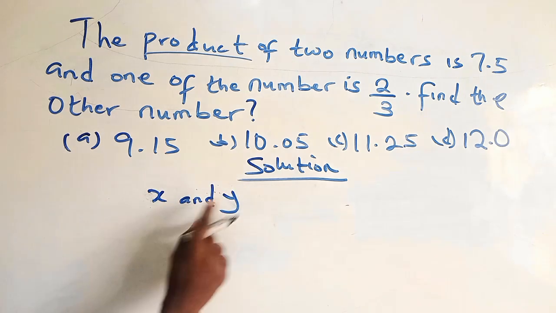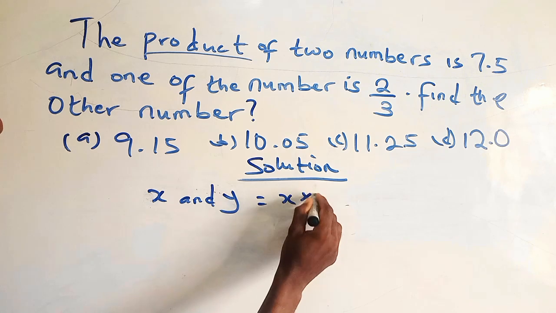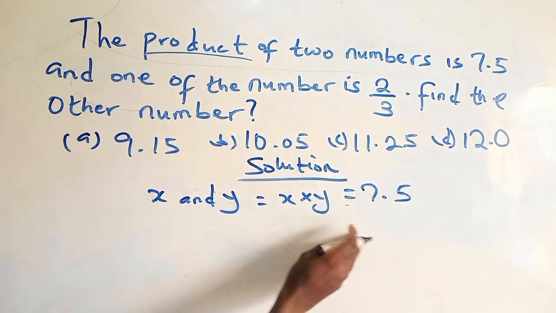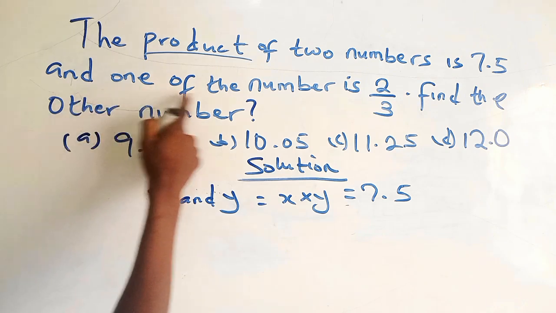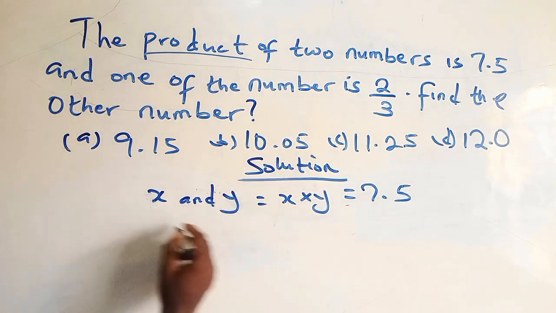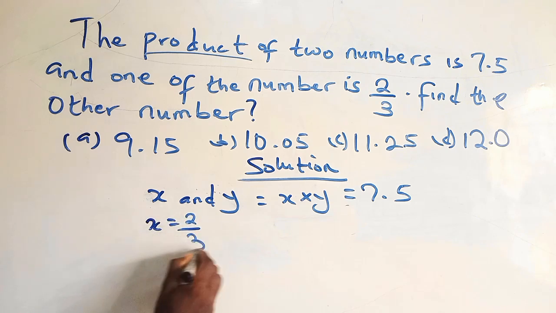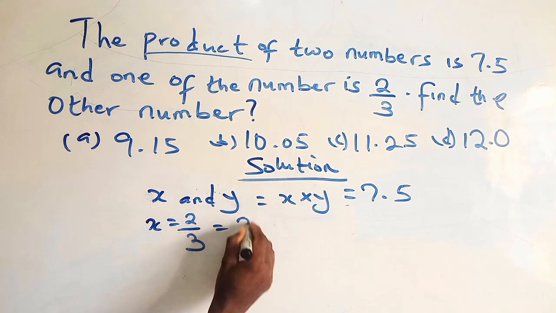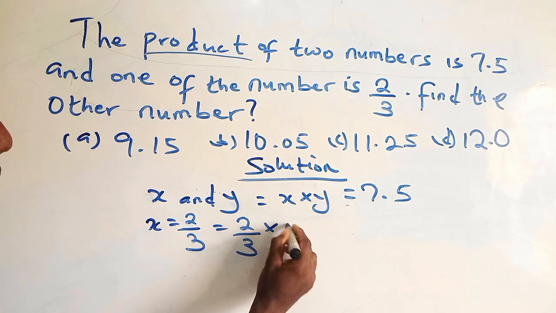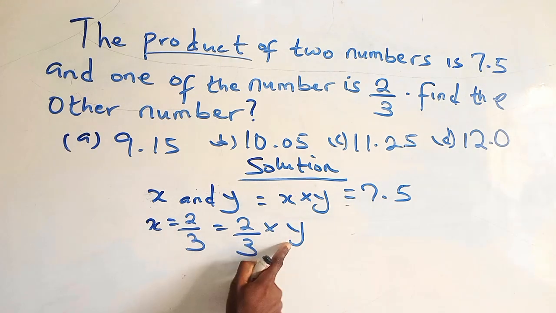The product of X and Y, that is X times Y, gives 7.5. But one of the numbers is 2 over 3, so let us assume X stands for 2 over 3. So I'll say 2 over 3, which is X, times the second one, which is unknown. So I have to figure this out.